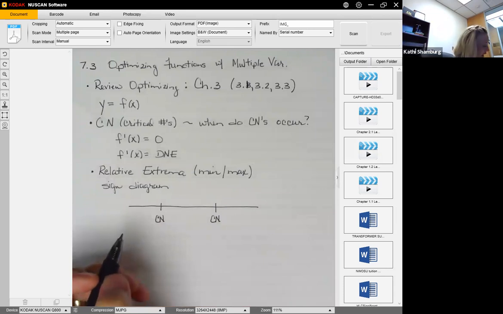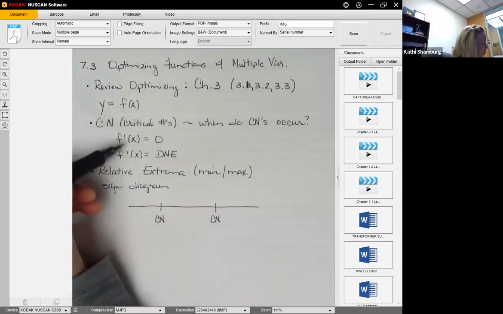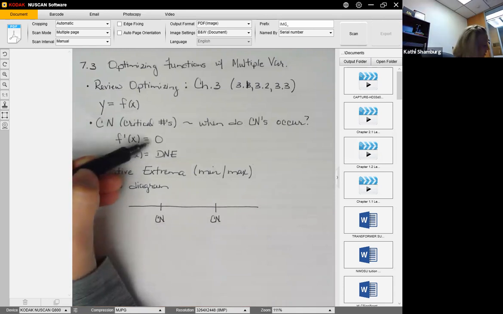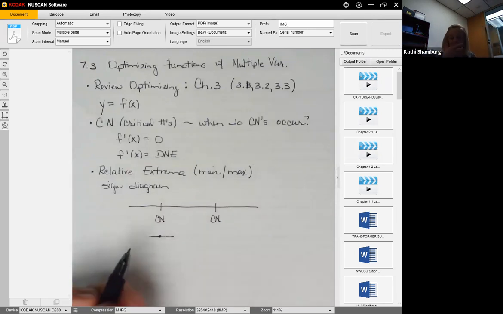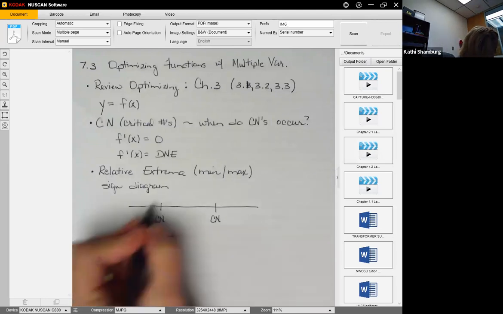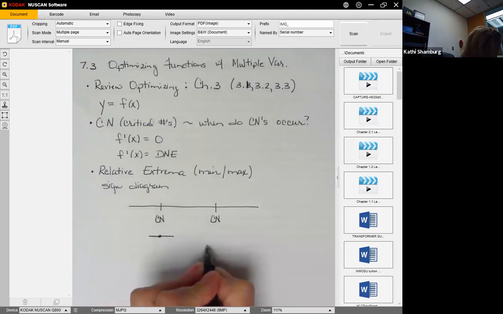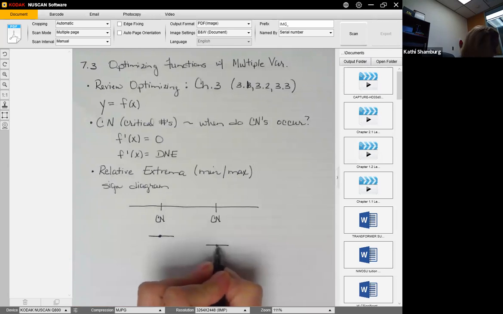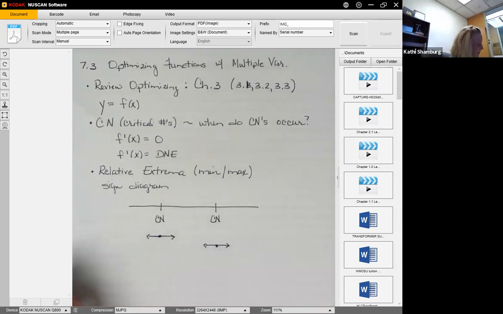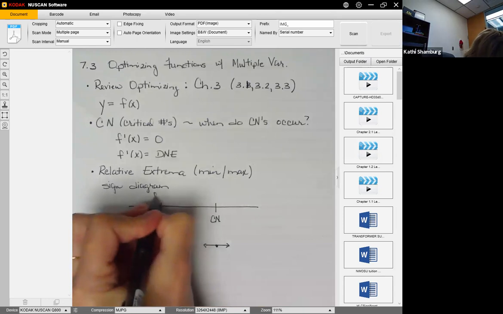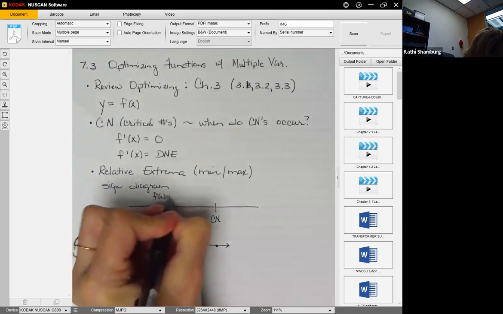Now, recall at the critical numbers, let's assume that the first derivative is equal to 0. So what that means is, if this is a critical number, then you have a horizontal line because the slope of a horizontal line is 0. So that occurred here at the critical numbers. Right here. All right. So that means here that the first derivative is equal to 0.